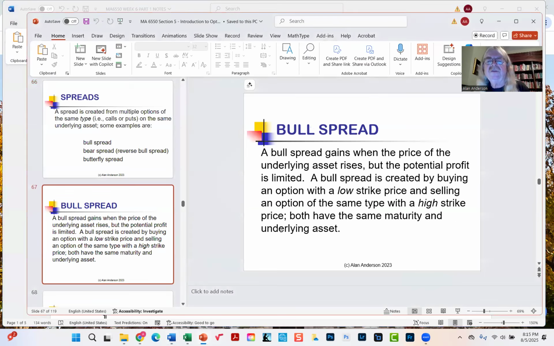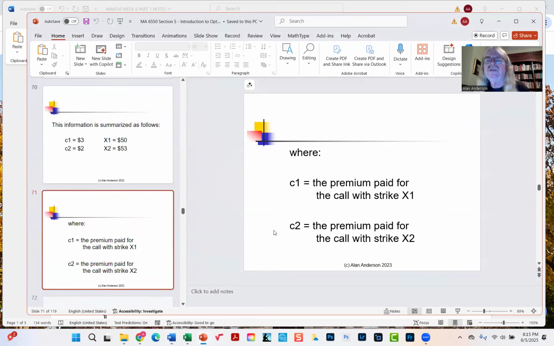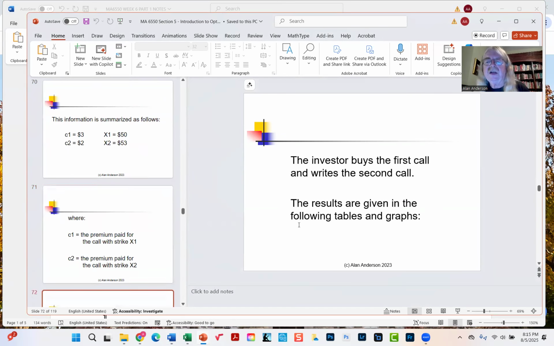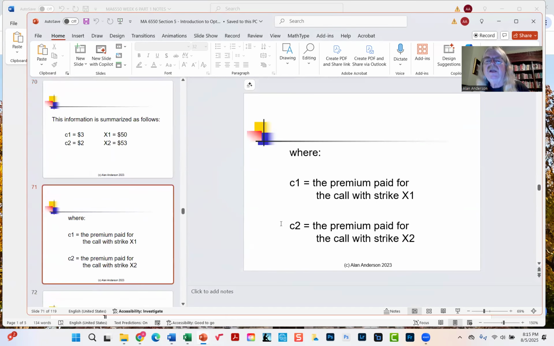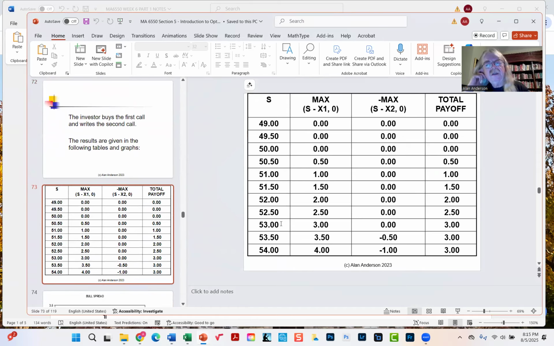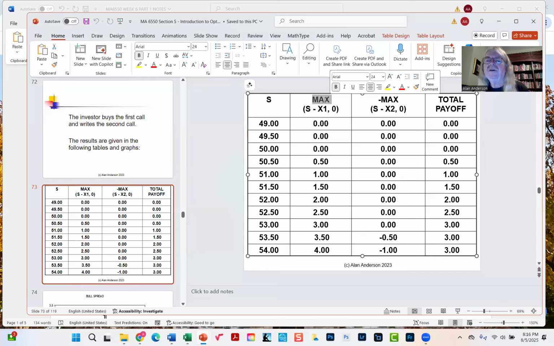And what does that get us? Well, if you look at this graph that we put together, now this is based on these two IBM stocks. And if you want to go through the calculations, this table has the payoffs for the call. In this case, it's the low strike call that we bought and the high strike call that we sold. If you notice, this one is negative because we sold it. This one is positive because we bought it. In each case, the payoff is the spot price of the asset minus the strike price, or zero, whichever is greater. Then at the end, we put them together.